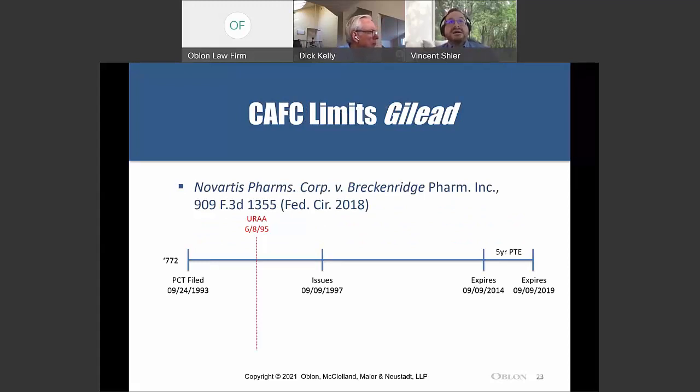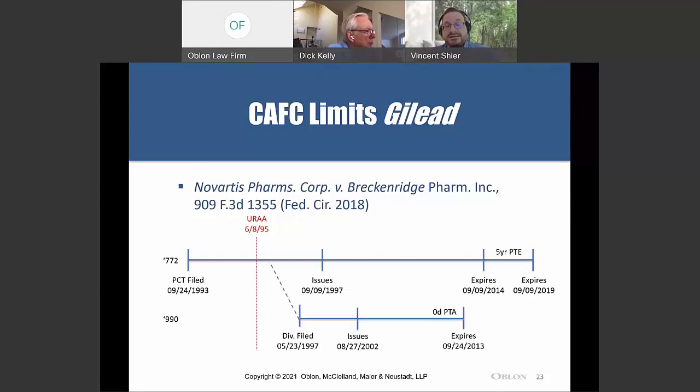Breckenridge case. In Breckenridge, another decision issued by Judge Chen, same judge who wrote the decision in Gilead. The scenario they look at here is where there is an earlier filed application that has patent term extension.